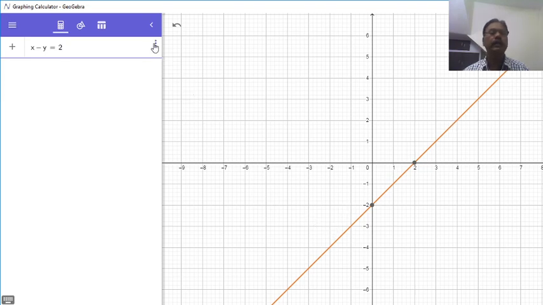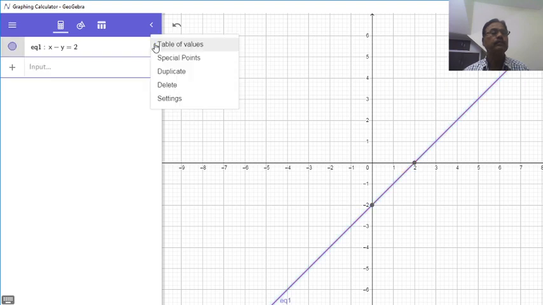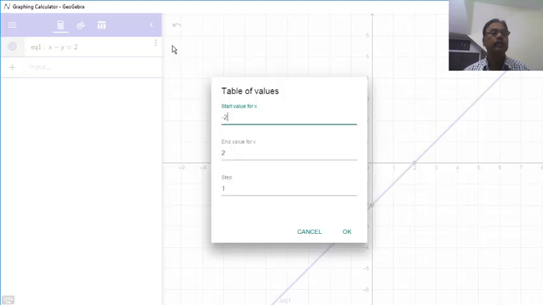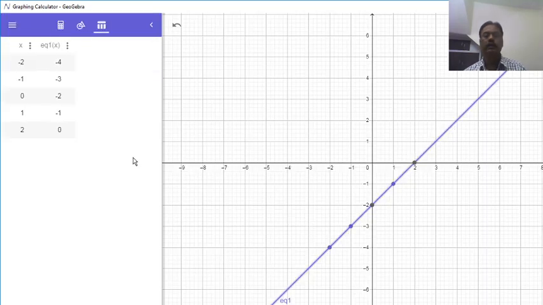We are coming to the table values. For x equal to minus 2, you get y equal to minus 4. Let us come to x equal to minus 2 and y equal to minus 4.